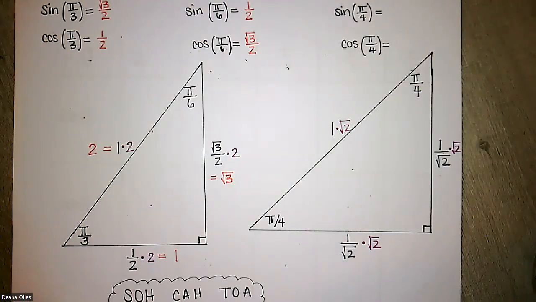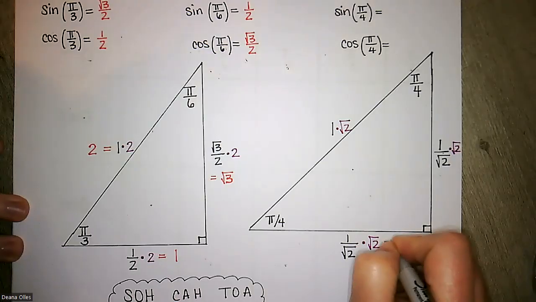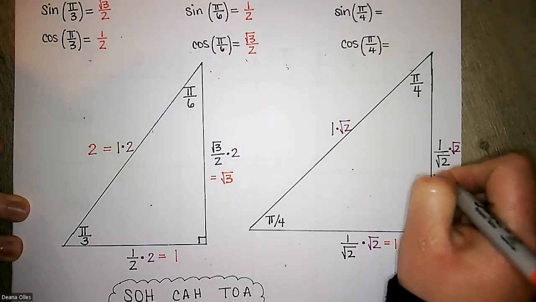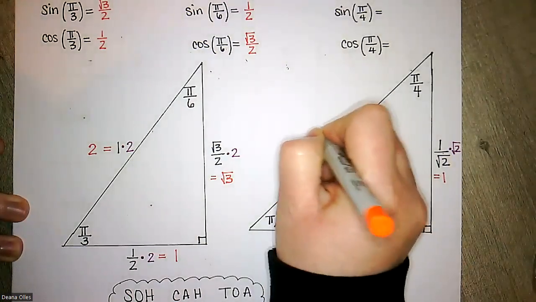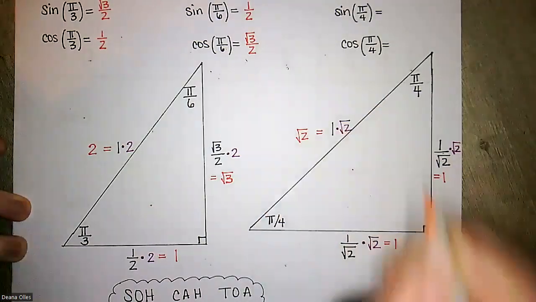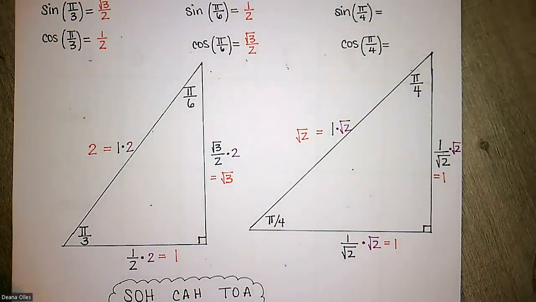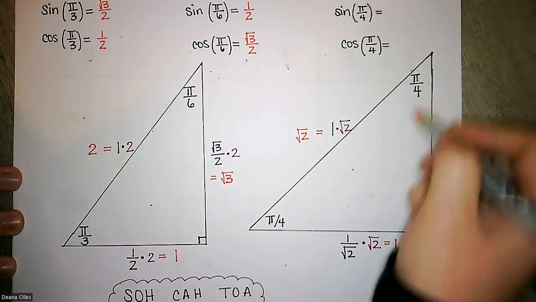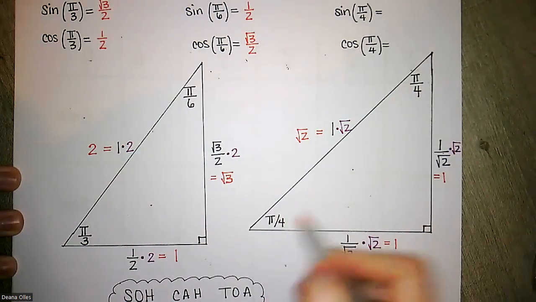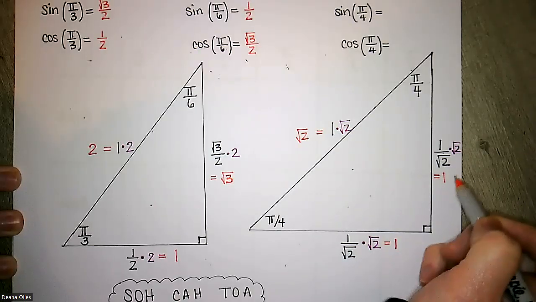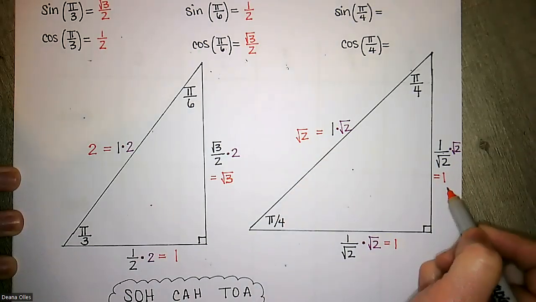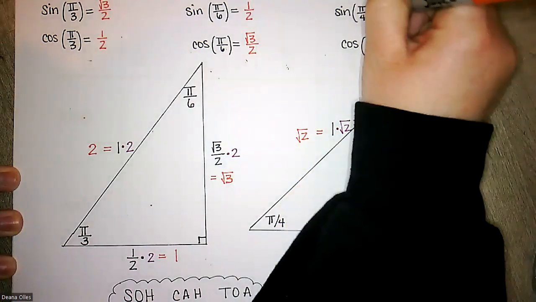And some of you may have remembered learning this special triangle as the 1, 1, radical 2 triangle. All right, and then the sine of pi over 4, and I could pick either one of these, I'll get the same result, is opposite over hypotenuse. So 1 over radical 2.